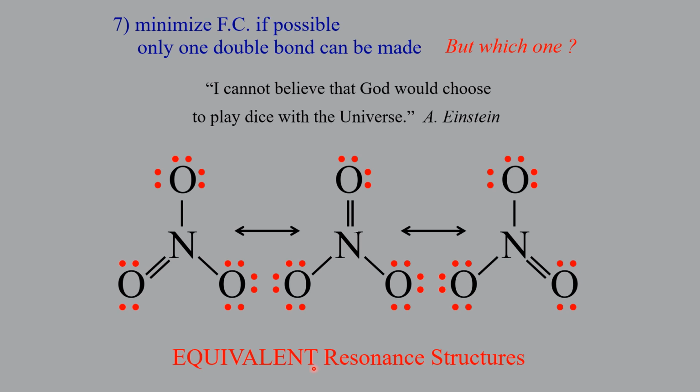These are called equivalent resonance structures. So what you need to be on the lookout for is whenever you have arbitrarily chosen 1 bond to be different than the others, then you have to consider all of the choices and show them and say, okay, these are equivalent resonance structures. And that's the last part of Lewis structures.